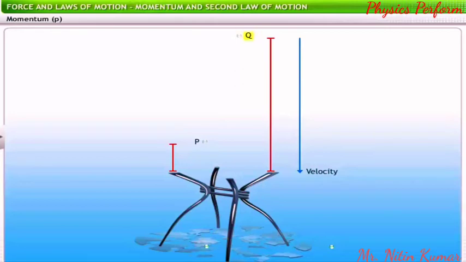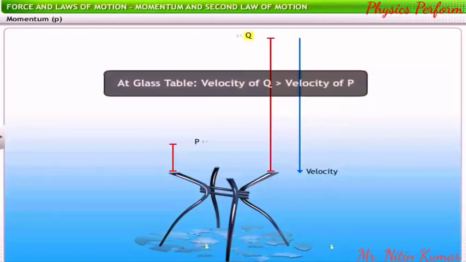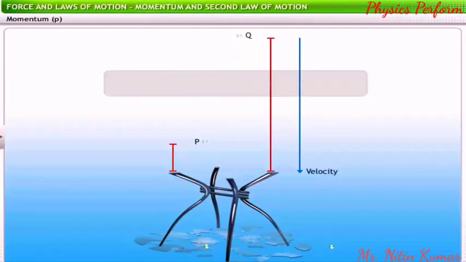Being dropped from a greater height, the velocity at which the marble Q strikes the glass pane is greater than that of P. Hence, the impact of marble Q on the glass pane is greater than that of P. That's the reason marble Q shattered the glass pane while marble P did not have much impact on the glass pane.